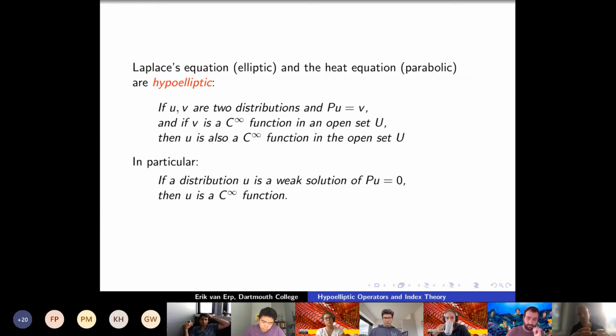If you have some voltage on the boundary of a domain that can be very discontinuous, the potential function that's generated in the interior is always C infinity, no matter what the boundary conditions are. So this is what hypoellipticity means. Its solutions are always very, very nice.